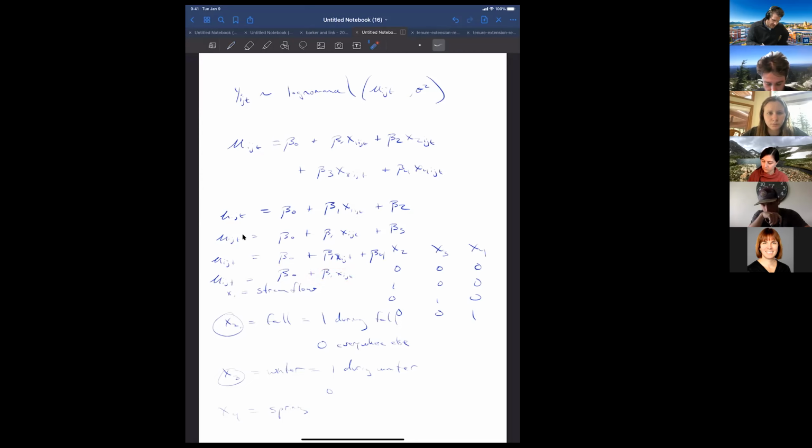And then beta 4 is an offset, the difference in the intercept for spring compared to summer. Beta 3 is the difference in the intercept in the expected nitrogen content in winter compared to summer. And beta 2 is the difference in the intercept in fall compared to summer.